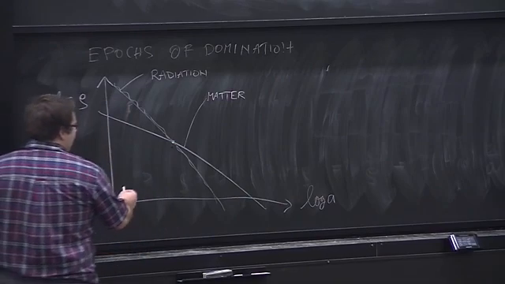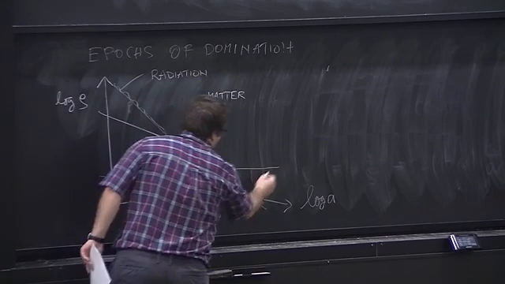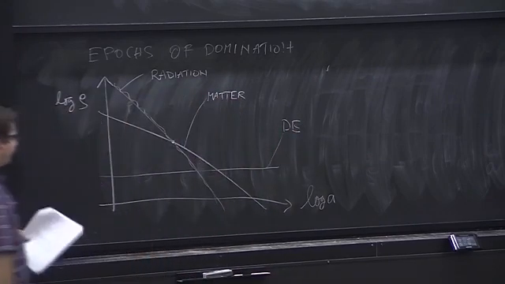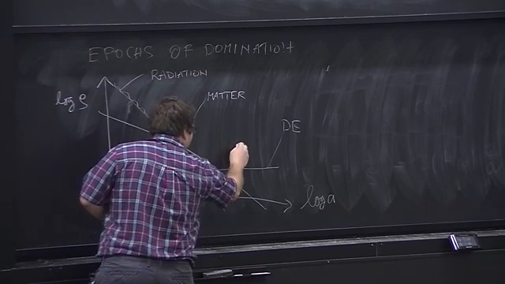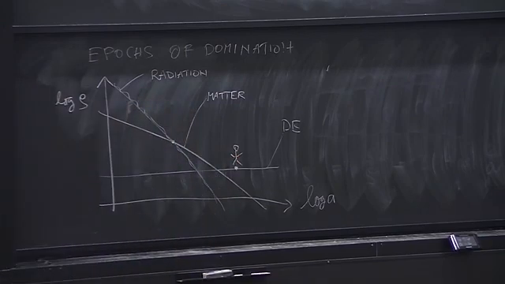Then, if you look at the dark energy, it's just a constant. So this would be dark energy, or lambda. So now we are here. We are already in the dark energy dominated era.